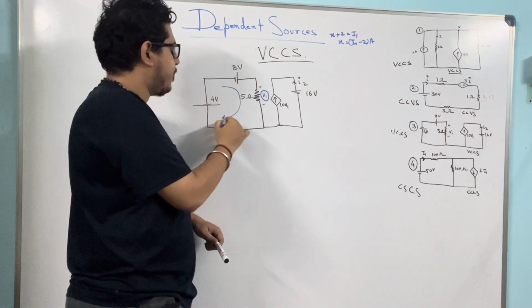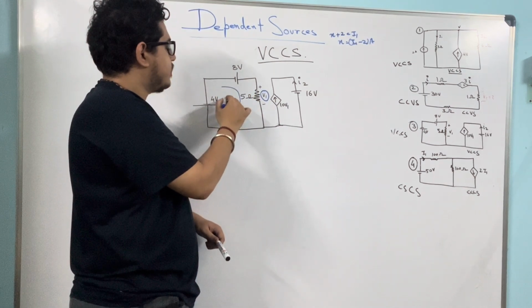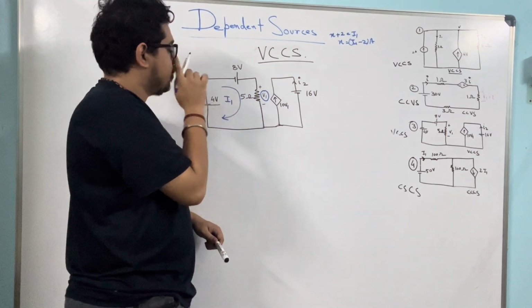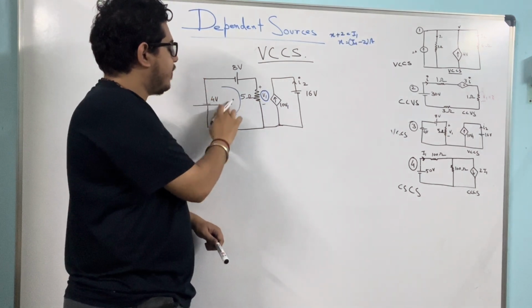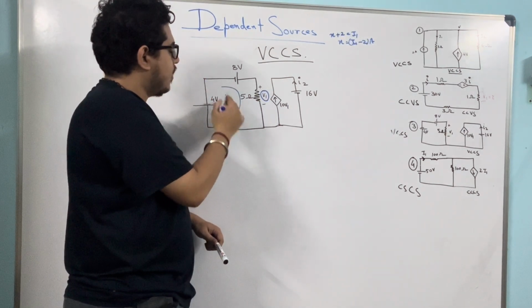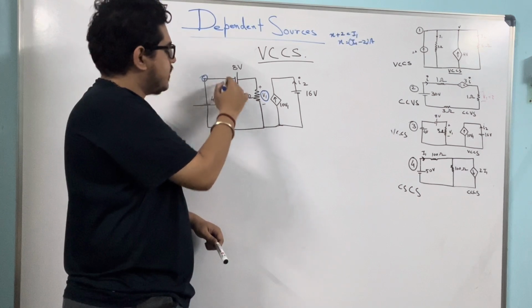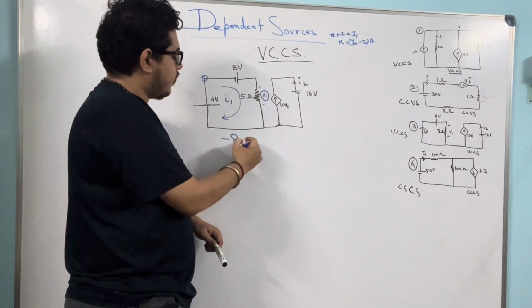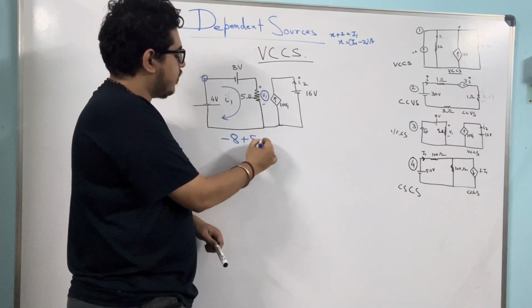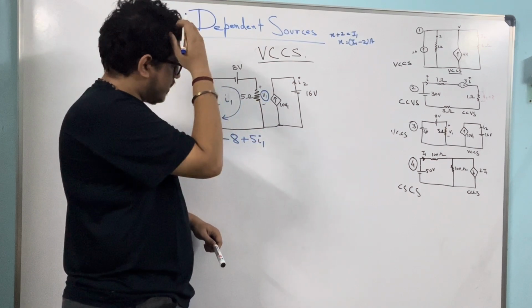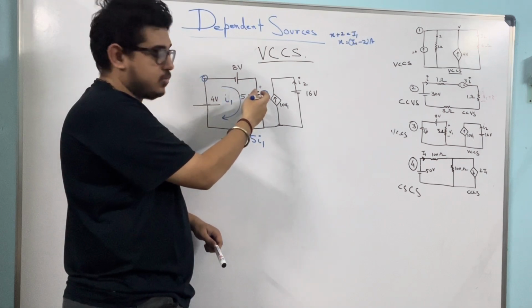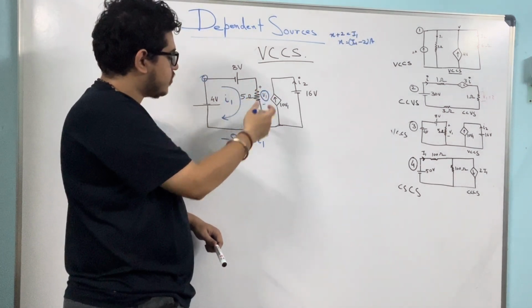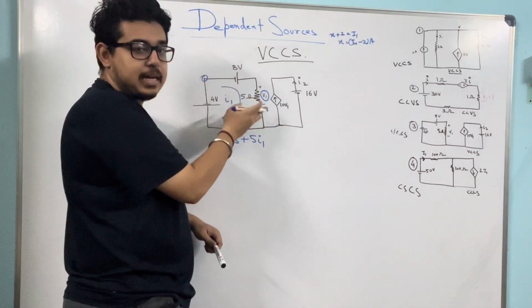So applying KVL. What if I apply KVL over this circuit? Starting from this point, it's minus 8, plus 5I1. I don't want to include more variables over here, so first I will write it in terms of IR.